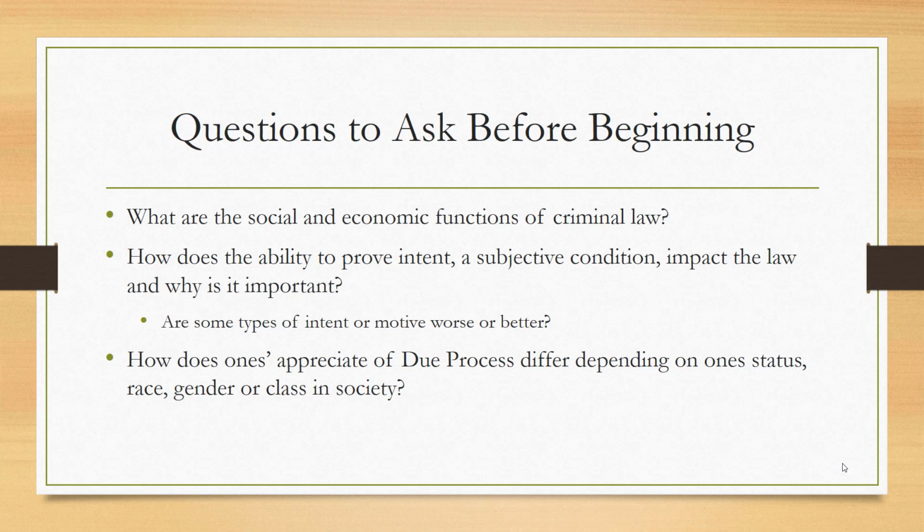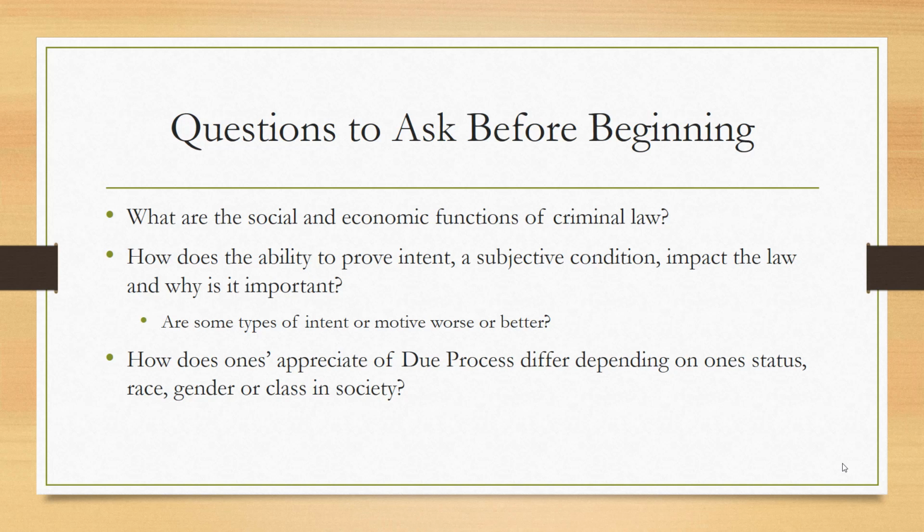So intent, which is a very subjective opinion, why did someone do something, has a big impact on the law. And as you go through and think about concepts like insanity and infancy, diminished capacity, think about how intent is really shot through a lot of, particularly, the important felonies that we criminalize.